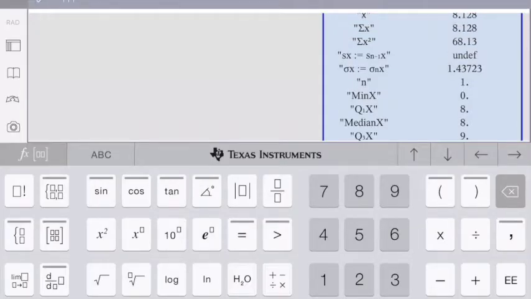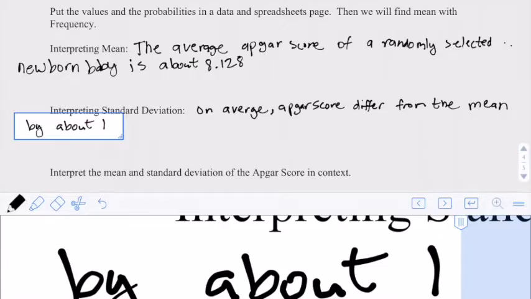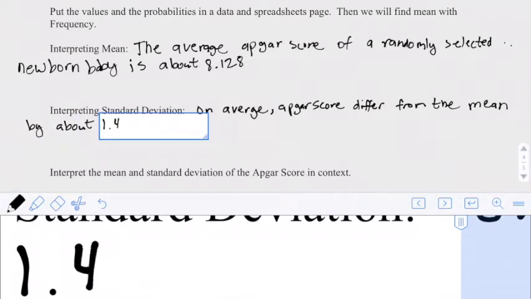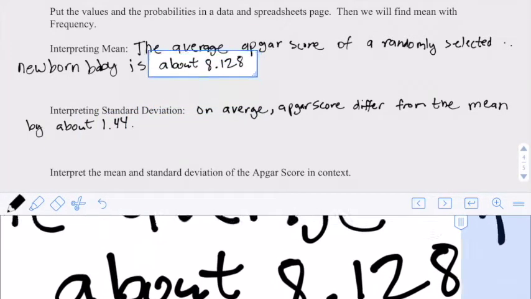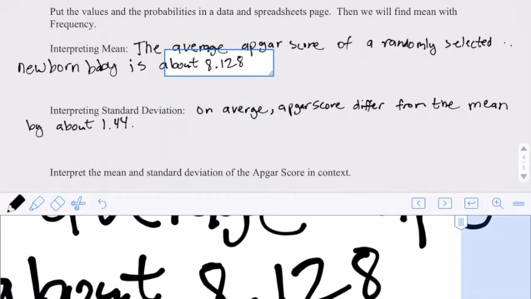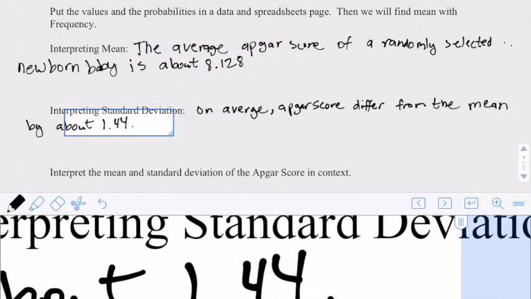Now we can't use our sample because this is everything. This is the population. So we want to use our sigma x, that population of 1.44, which makes sense. The middle was about 8, and on average, it varied by about 1.44.